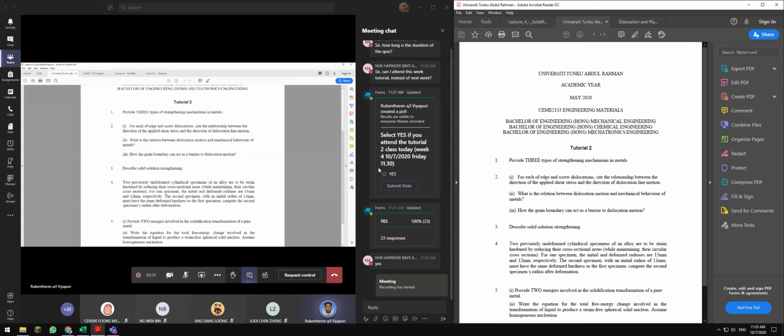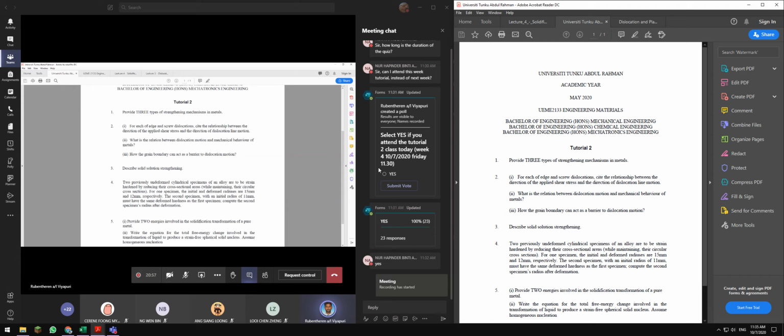So when there is a dislocation motion, what will happen to the mechanical properties in terms of strength, in terms of toughness? Think and answer. And question number 3, how can the grain boundary act as a barrier to dislocation motion?